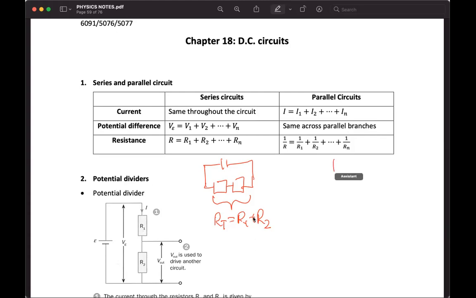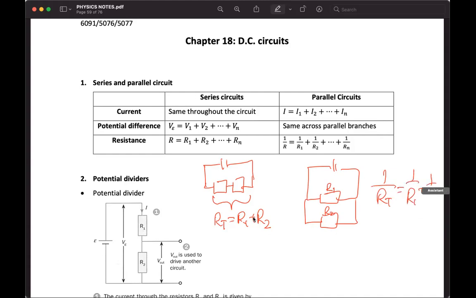But in this example, it will be a bit challenging. To find the total resistance, you use the inverse formula. Once you find 1 over RT, you must flip it. You don't just leave it at 1 over RT. So in a parallel circuit, we use this formula. Clear so far?